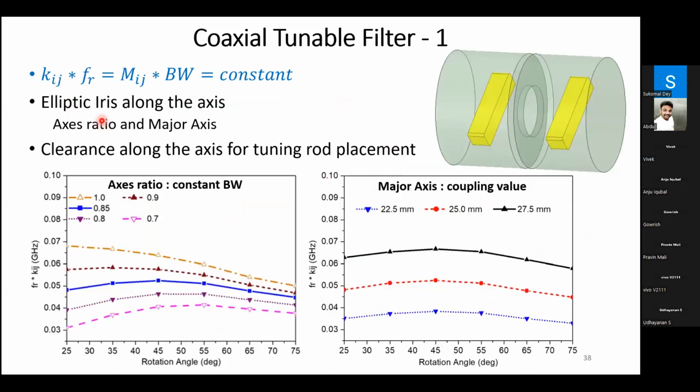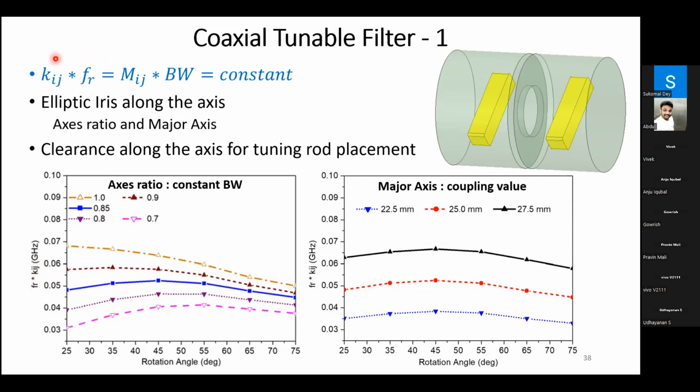So how do we go about the inter-resonator coupling? The inter-resonator coupling is also done through an elliptic iris opening between the two resonators. There are two degrees of freedom, the axis ratio and the major axis. The axis ratio gives us the constant bandwidth criterion. You can see in the blue curve here, the constant bandwidth criterion, that is, the product of resonance frequency and the physical coupling coefficient has to be constant.